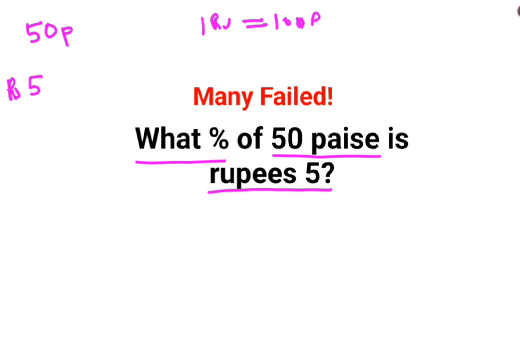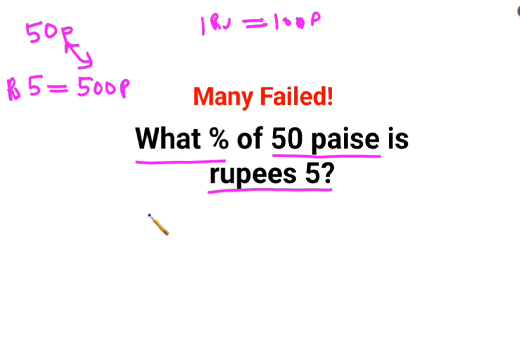Okay, so basically 5 rupees will be what? 500 paise. This is very important. When you have two different denominations, you need to convert both of them in equal denomination to get your entire answer correctly.